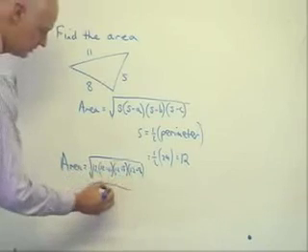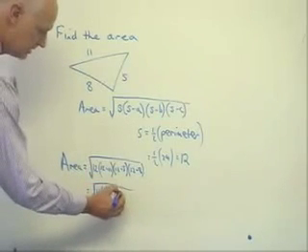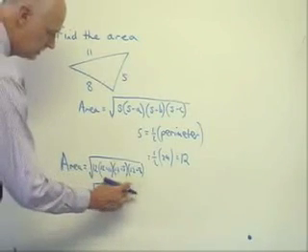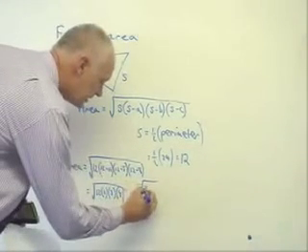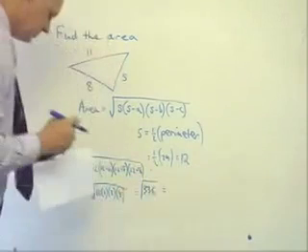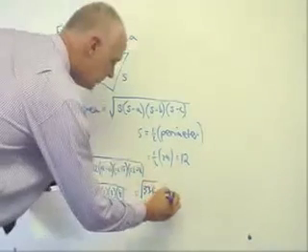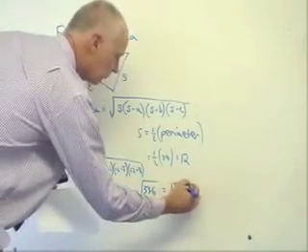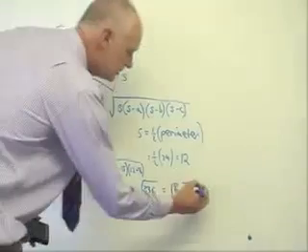So it's the square root of 12 times 1 times 7 times 4, which is root 336, which equals 18.33. And again, 18.33 square units.